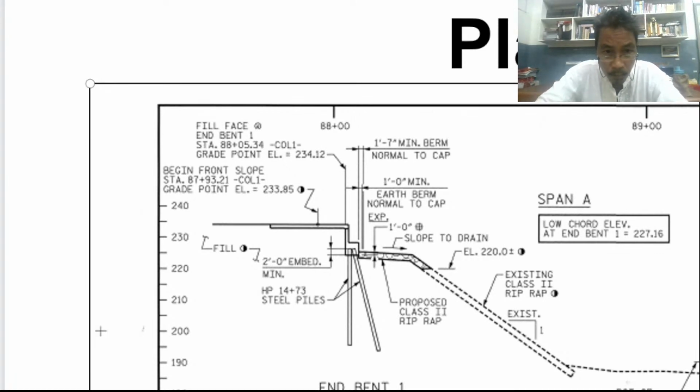Do we have next? Just below it is normal to cap.